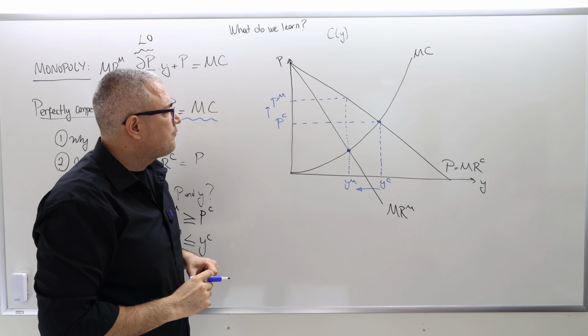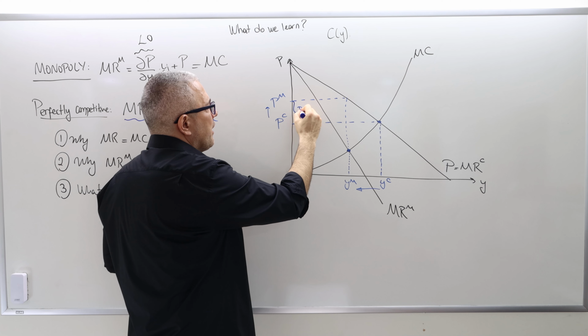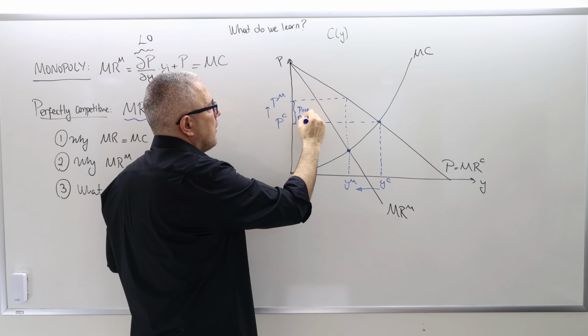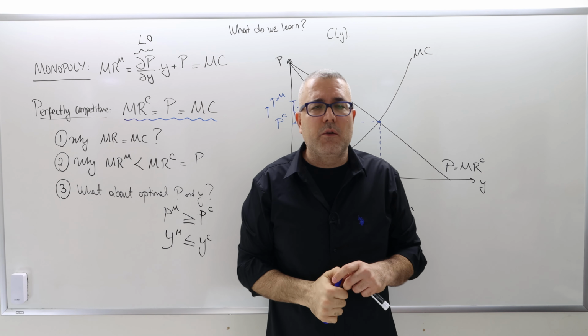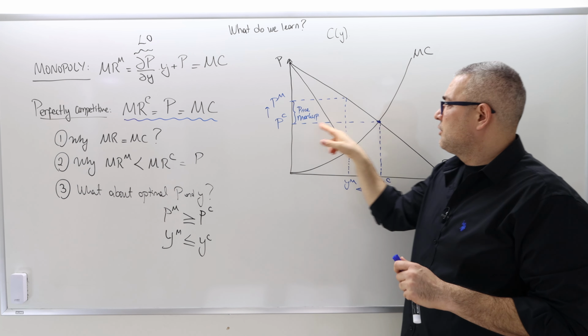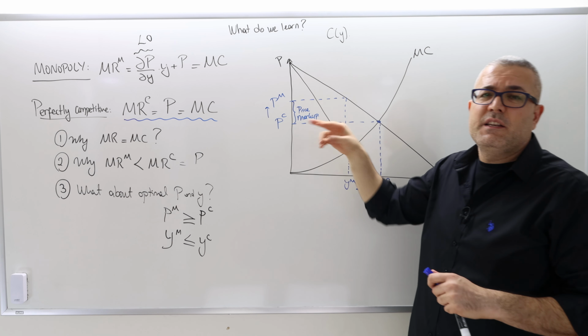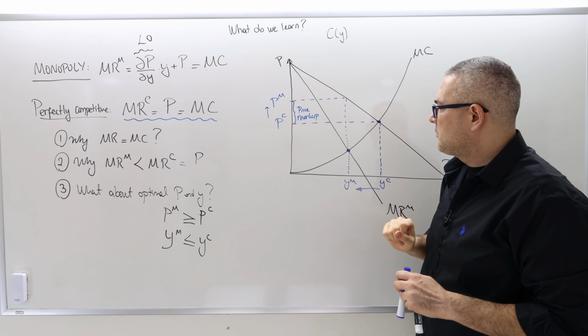This difference we call the price markup. Almost always the monopolist is going to charge a higher price than the marginal cost price. PC is the marginal cost pricing; this is what we call it. And this is the price markup.